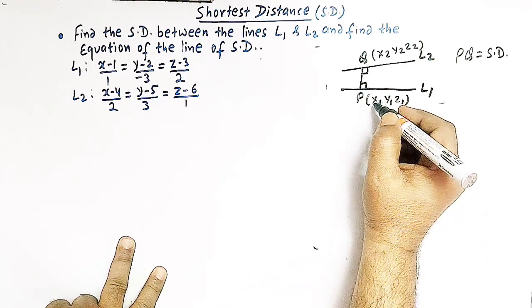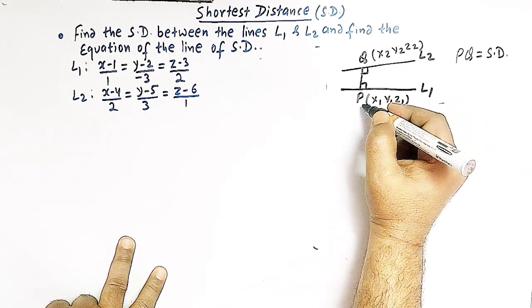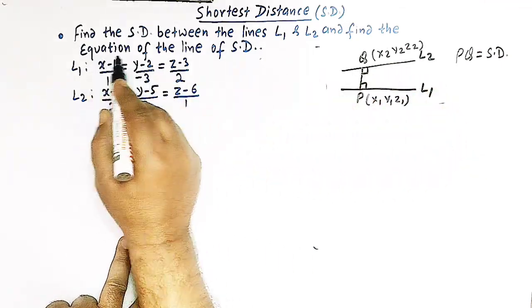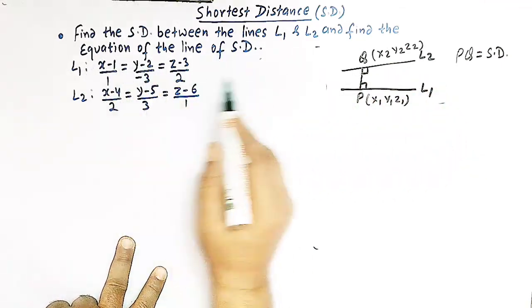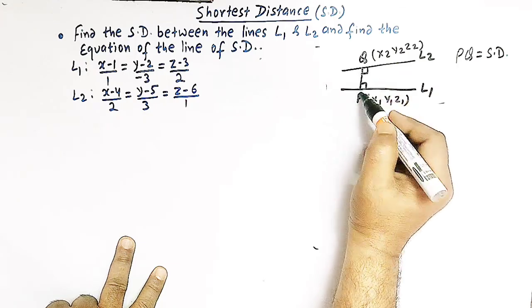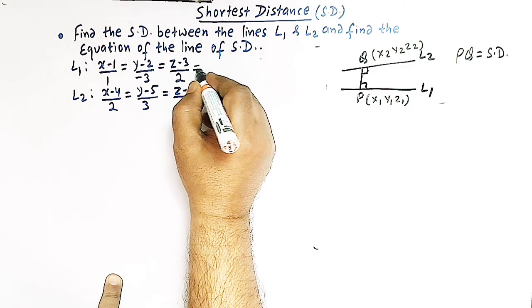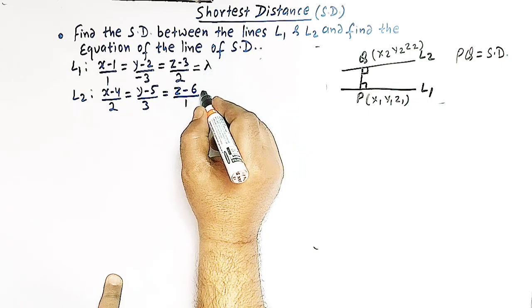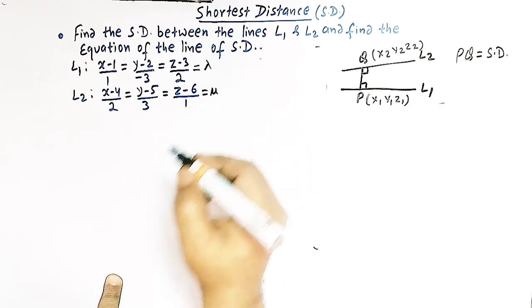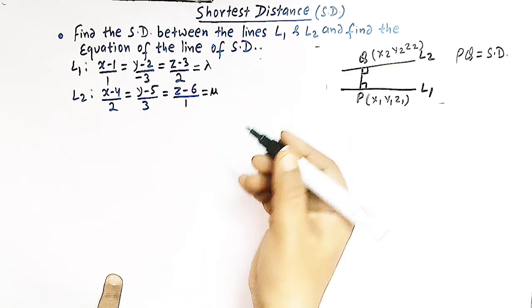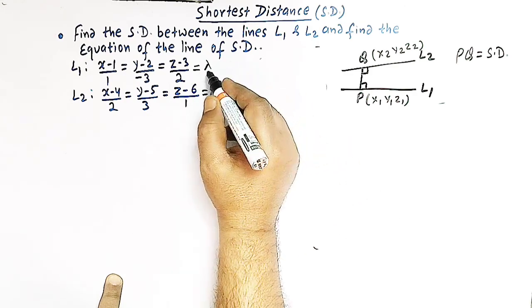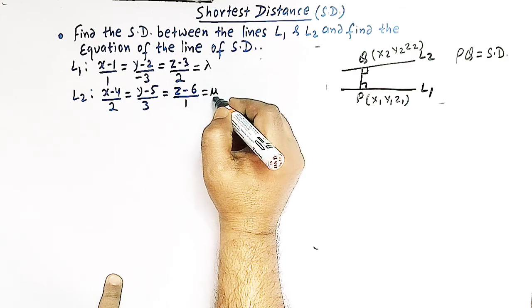Moreover, by knowing the coordinates of P and Q, we can easily find the equation of this line of shortest distance in symmetric form. So now let us first apply the concept of a general point lying on a line. For this, let us introduce the scalars lambda and mu, where lambda and mu are some real numbers, and we'll find the values of lambda and mu.